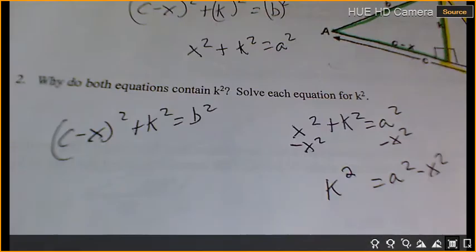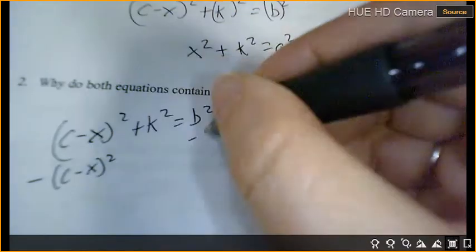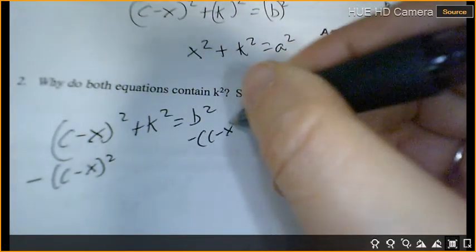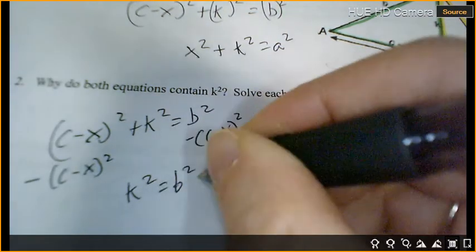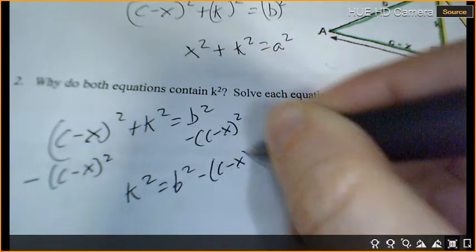For the other one, I've got (c minus x) squared plus K squared equals b squared. What am I going to do for that side? I'm going to subtract this whole thing, (c minus x) squared. So I get K squared equals b squared minus (c minus x) squared.